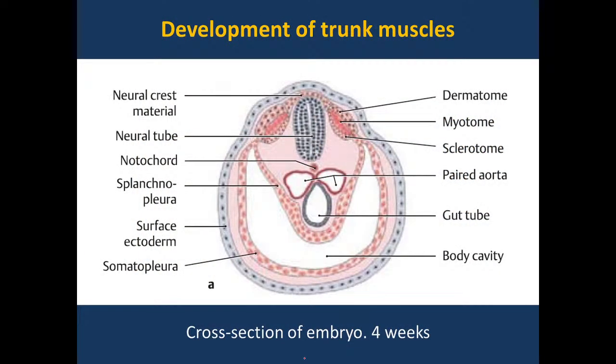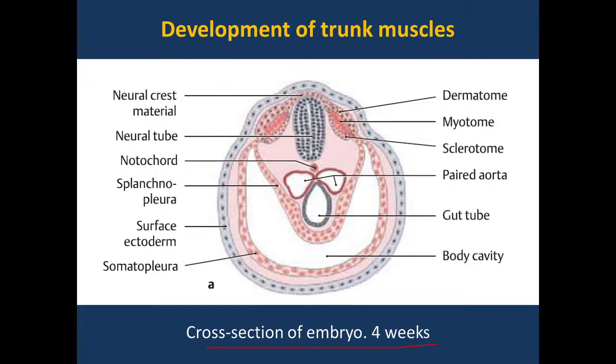A couple of words about development of the trunk muscles. You see here the cross section of a 4 weeks embryo, and these are four important embryonal sources.